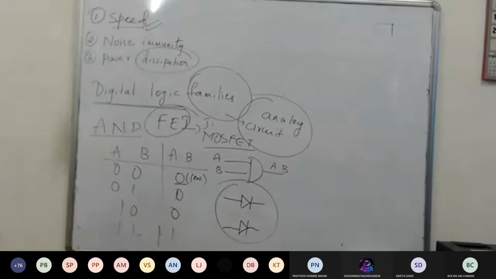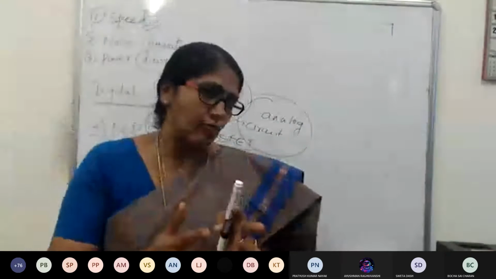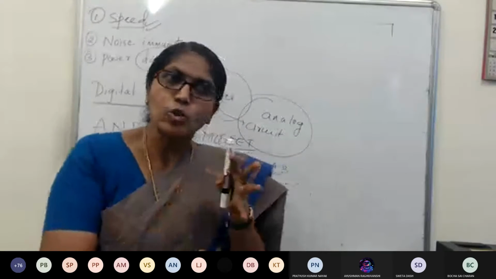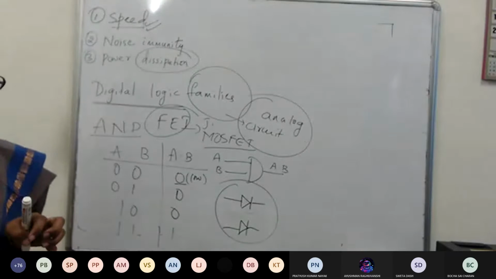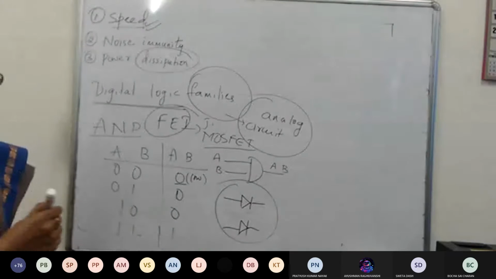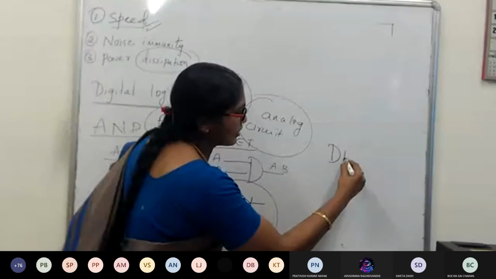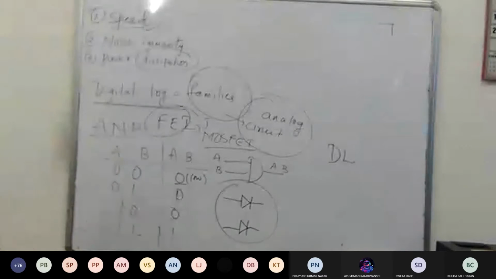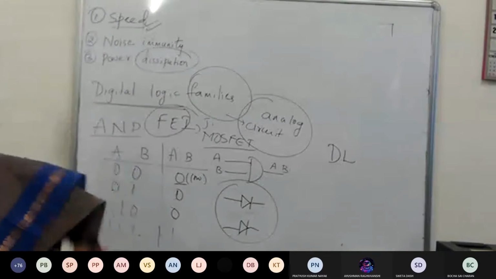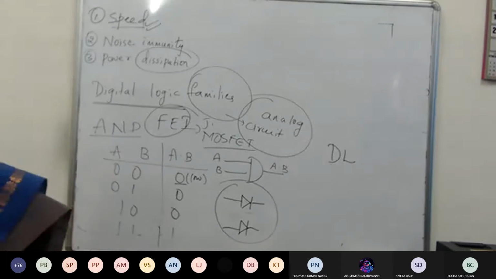Now what I was talking about is they have prepared combinations of different devices and are trying to work out all the digital logic with them. Let me explain small things. Initially they started with DL, meaning diode logic, because the diode was the very preliminary active device we have studied.